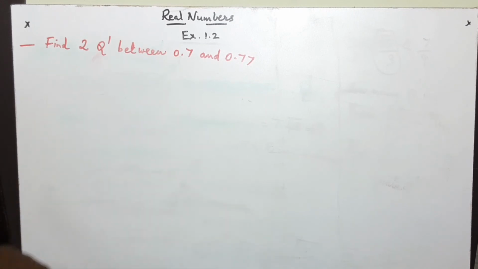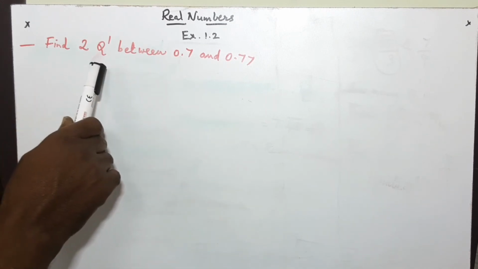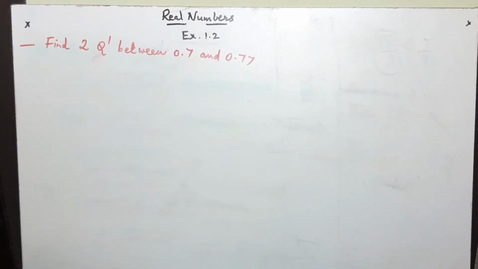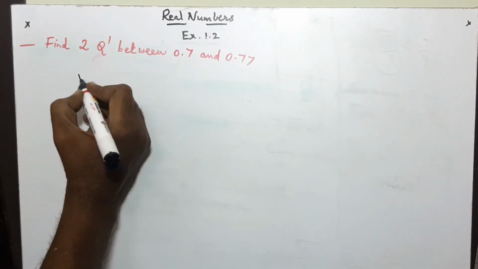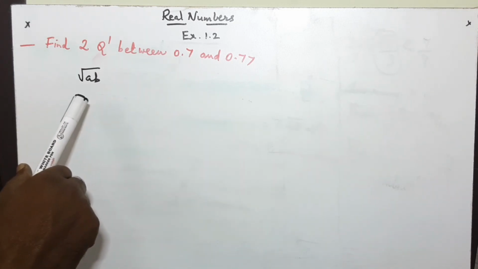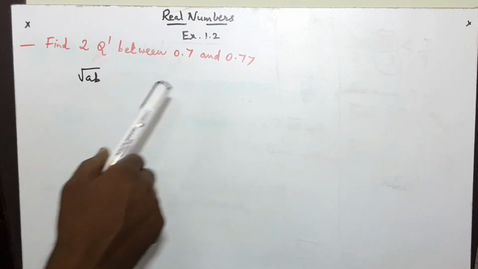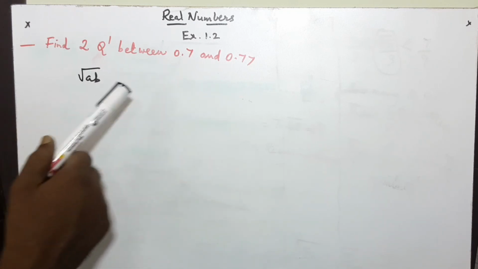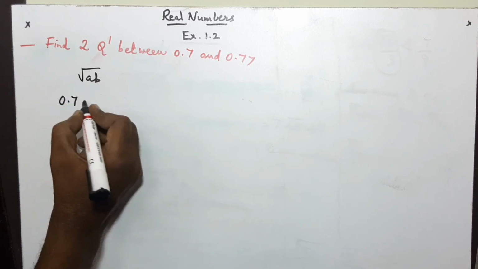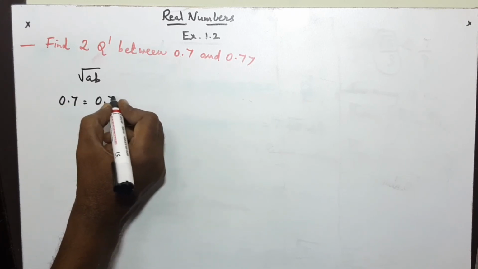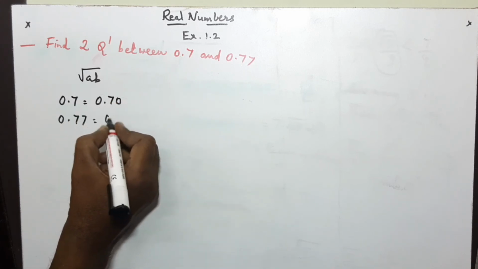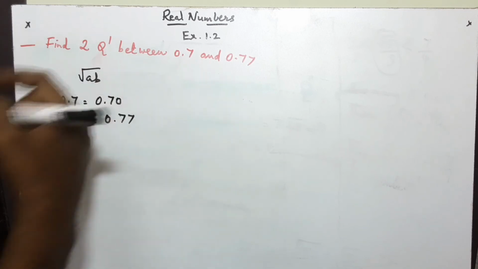Now let us see the next problem. Find two irrational numbers between 0.7 and 0.77. Here there is no need to use root ab. We have already learned to find an irrational number between two rational numbers using root ab, but here we can do it directly. 0.7 can be written as 0.70, and 0.77 as 0.77. What is an irrational number?